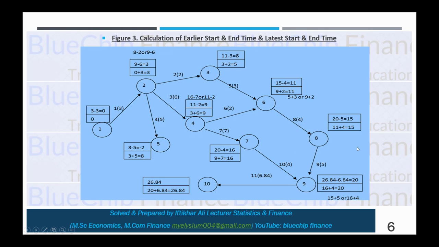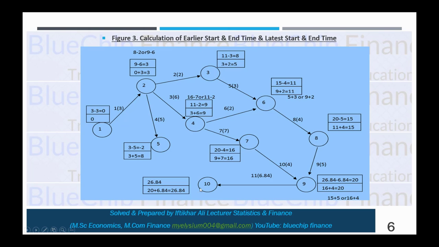So from here 11 plus 4 equals 15, and 15 plus 5, as you are seeing here. And different nodes are coming here: 9 plus 7 equals 16, and 16 plus 4 equals 20. So we consider 20 here, because 20 is the maximum sum of the possible combinations coming to that node. And from here 20 plus 6.84 equals 26.84.